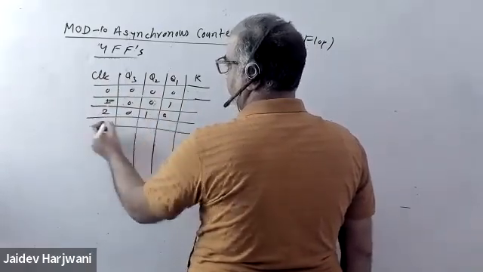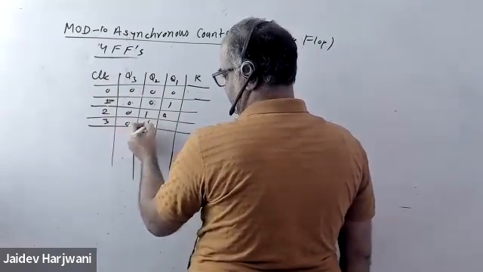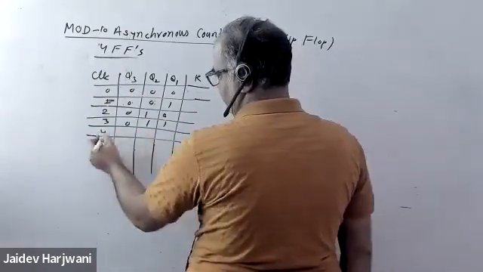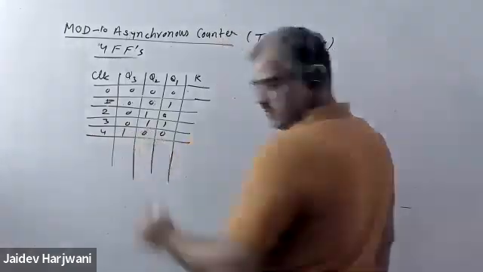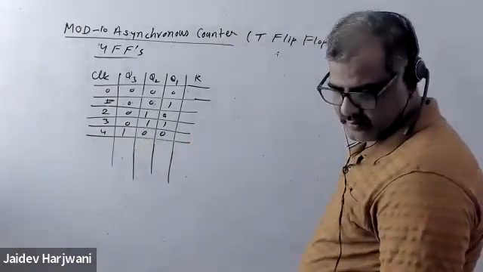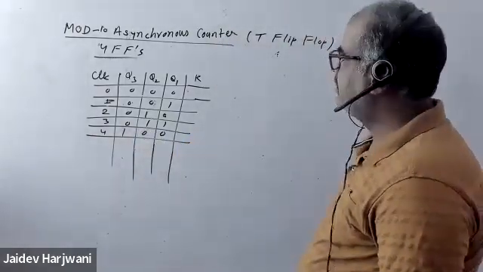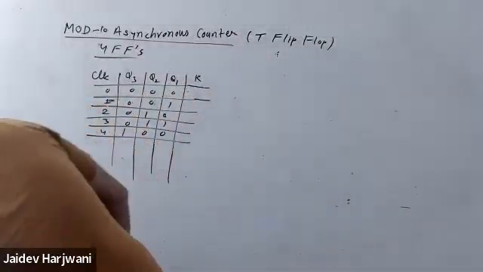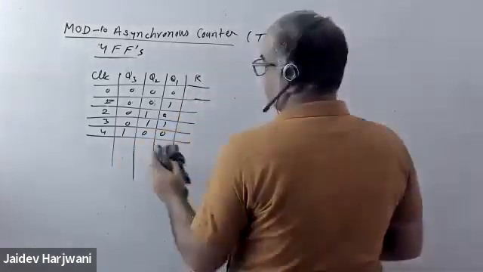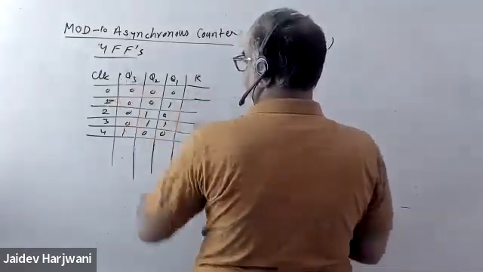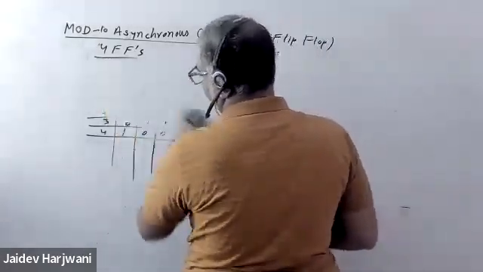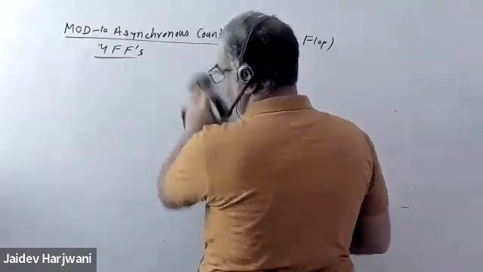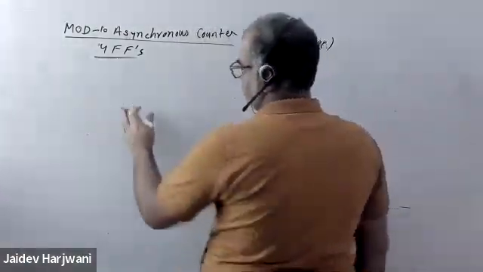For clock 3, 0 1 1. For clock 4, there will not be only three outputs; there are 4 flip-flops, so you should make Q4, Q3. Very good. Because we want to go up to 9, we need 4.